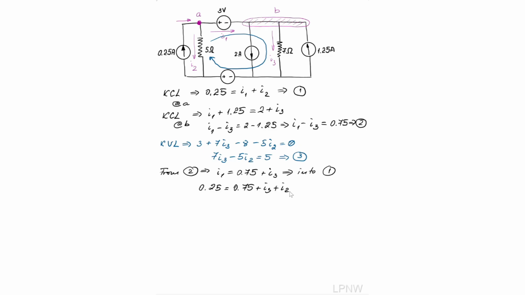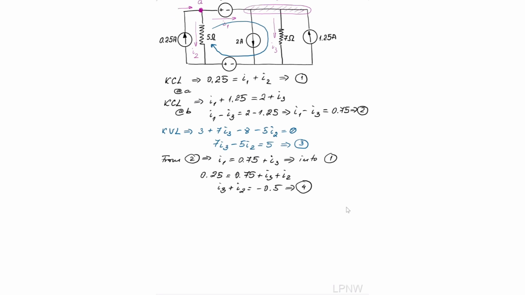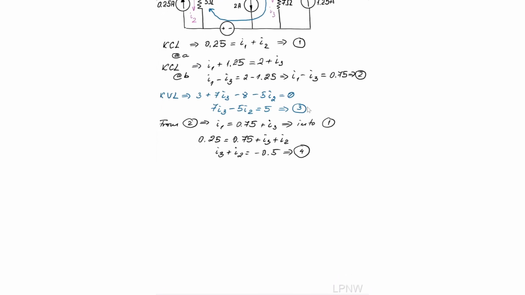If I simplify a little bit more, I will get I3 plus I2 equals negative 0.5. I will call this expression 4. So all I'm going to do now is solve 3 and 4 together: I2 plus I3 equals negative 0.5, and negative 5I2 plus 7I3 equals 5.